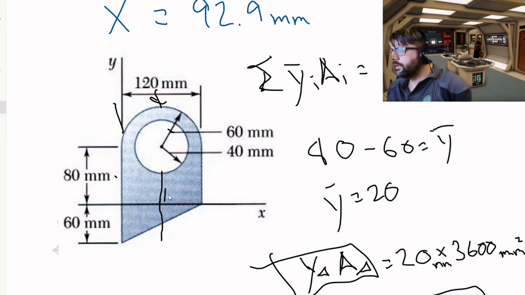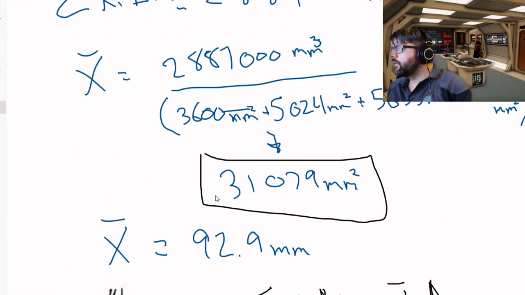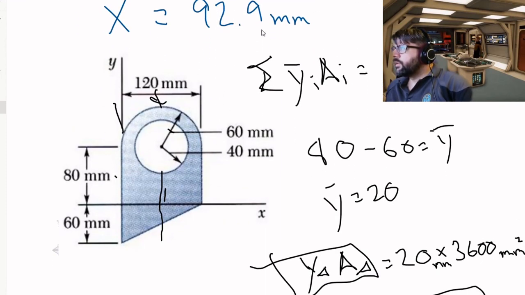And again, we're located at about 32.9 millimeters up from here. So about there will be our centroid.